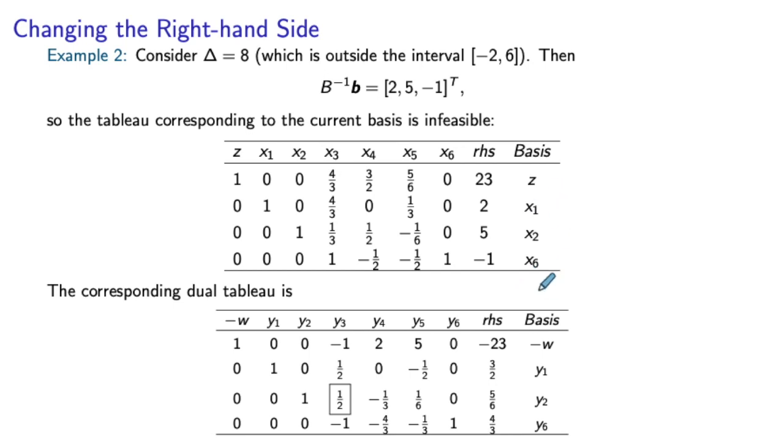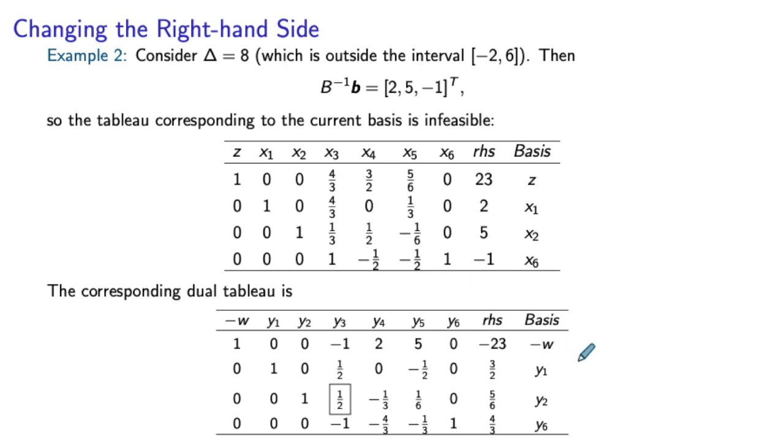So then what do we do in this case? We observe that the row 0 still has non-negative entries because the optimality criterion was not affected by the change of the right-hand side. And since all the entries here are still non-negative, we can transpose our tableau like we discussed before and switch to the dual basis.